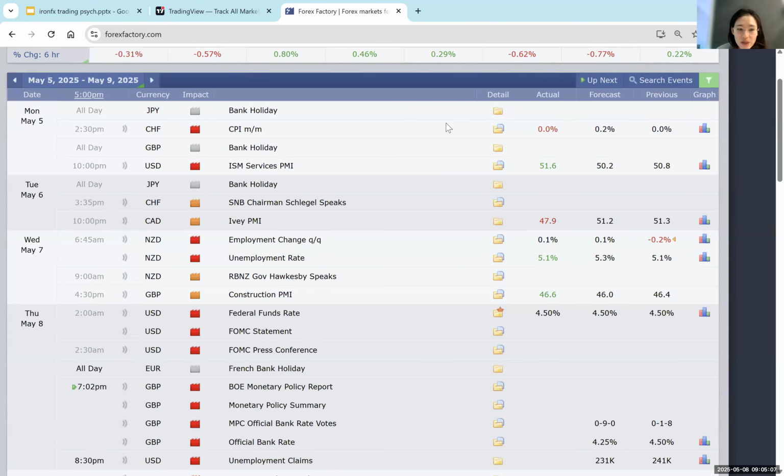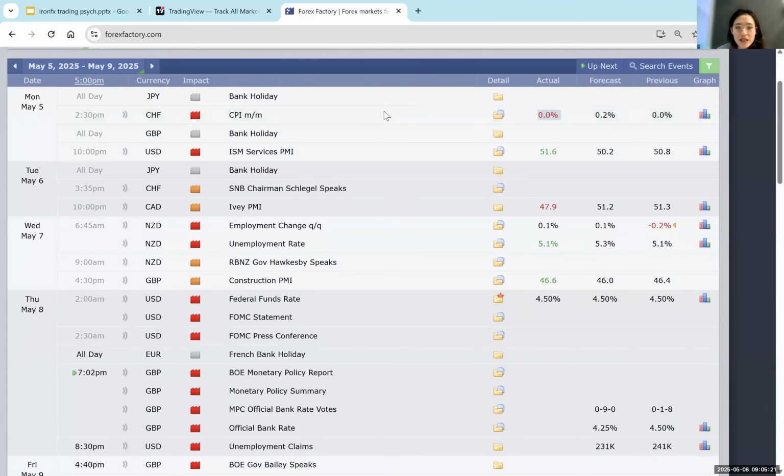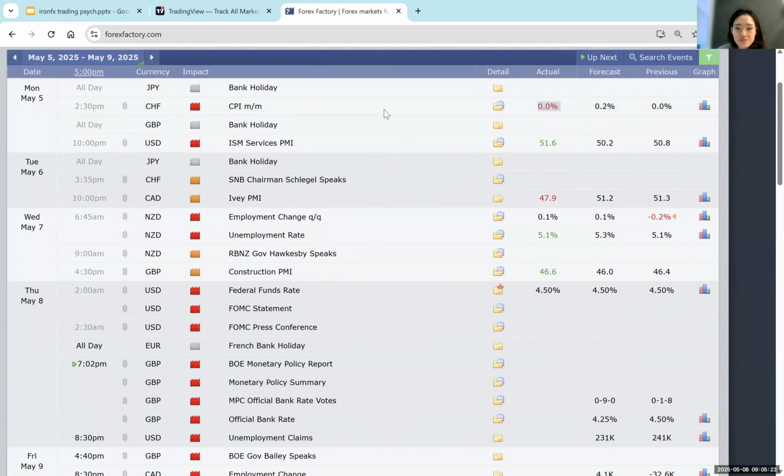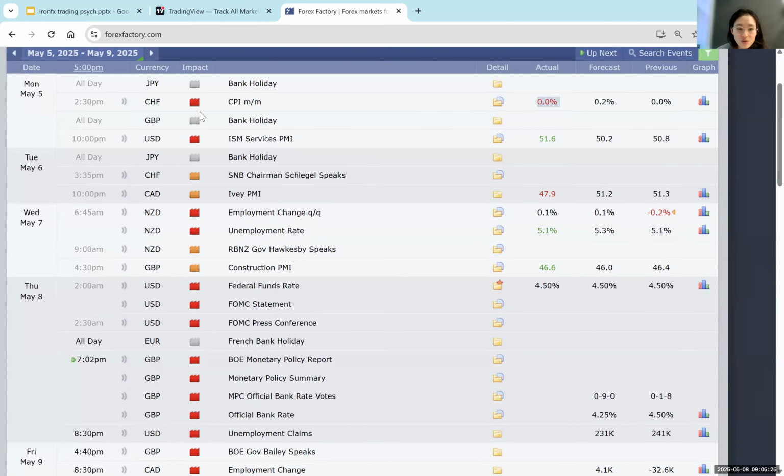This week on Monday, we had some bank holidays. Switzerland released their CPI month-on-month data, which came out to be lower than forecasted. CPI is basically inflationary data, so you can see it's quite a high impact event.